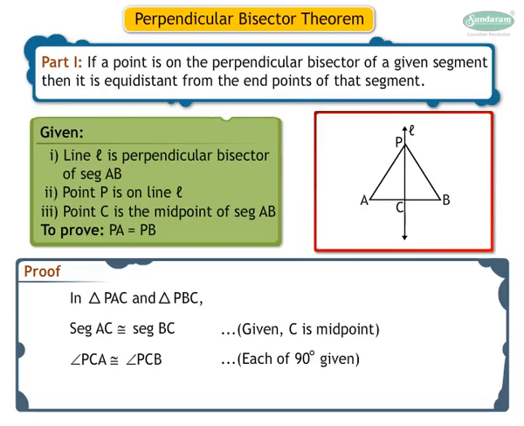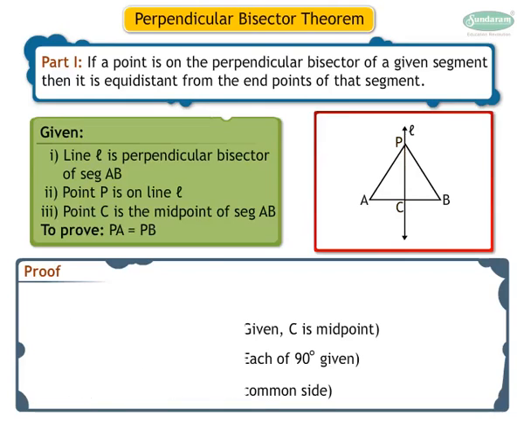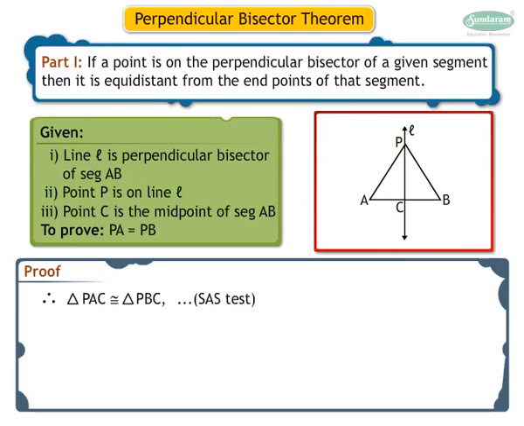since it is given that each angle is of 90 degrees. Angle PCA is congruent to angle PCB. As they are the common sides, segment PC is congruent to segment PC. Therefore, according to the side angle side test, triangle PAC is congruent to triangle PBC.